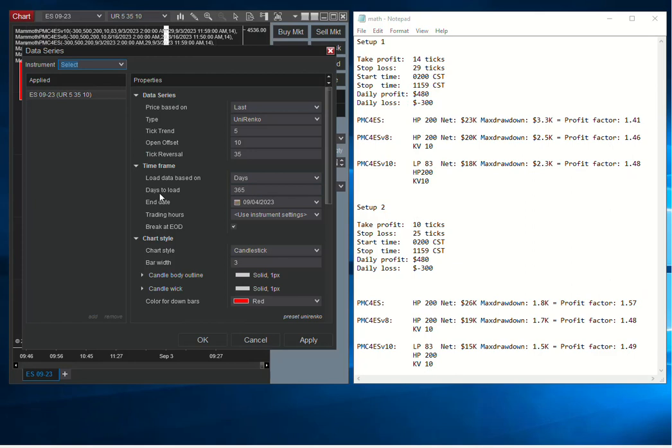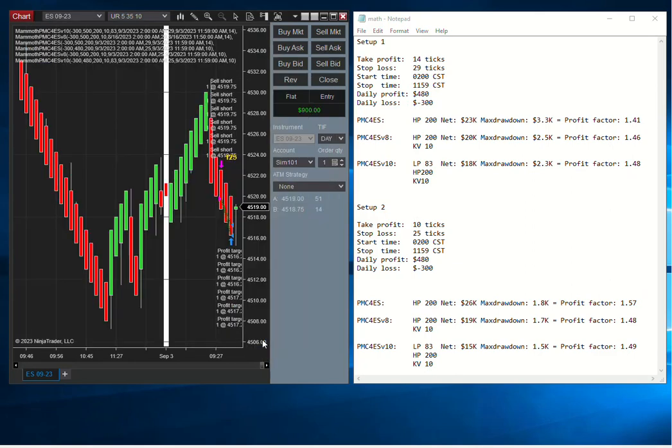The data on this chart is loaded for 365 days. You can see right there, days to load. That means starting last year for the ES contract, and there'll be some little difference when the contract rolls over to the next one, but it's just a tiny difference.